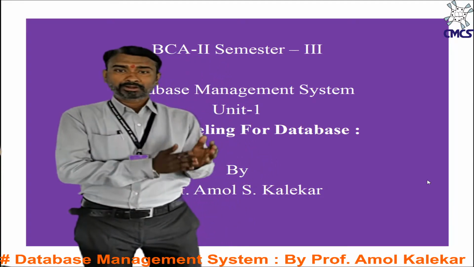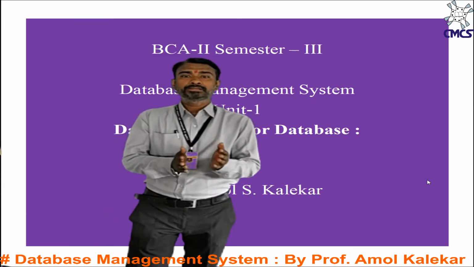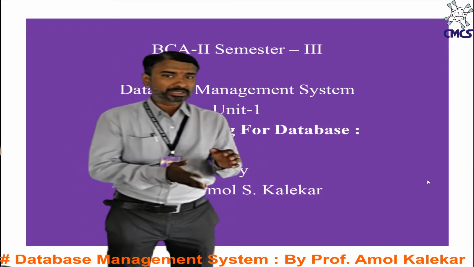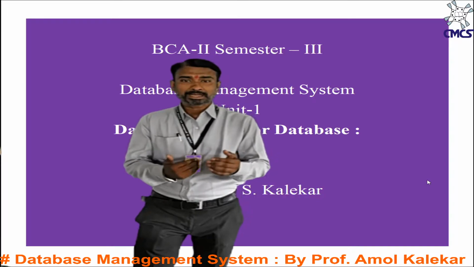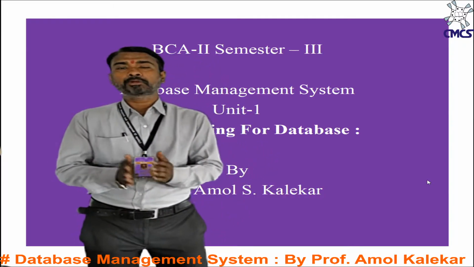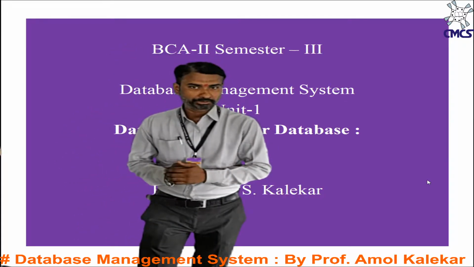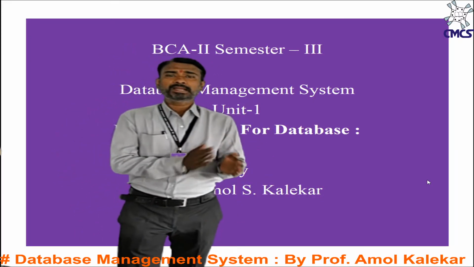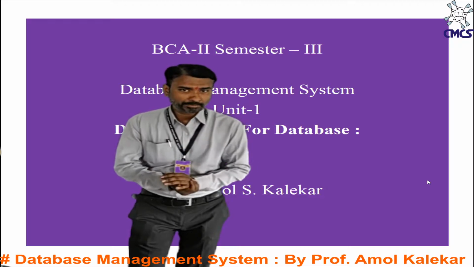Then the organization has to track the relationships amongst them, and then impose certain constraints or conditions so that the data can be protected from illegal or unauthorized users. In general, all these things can be called data modeling for the databases.